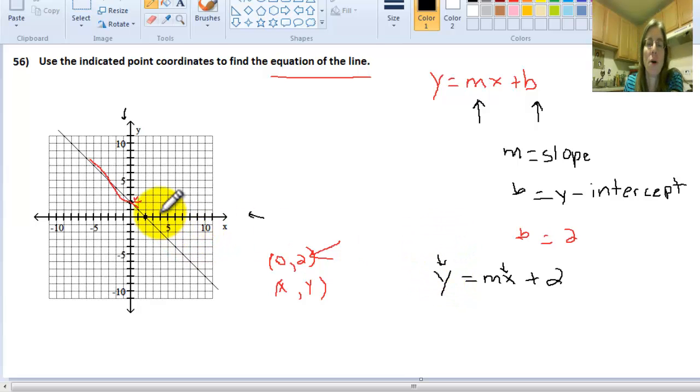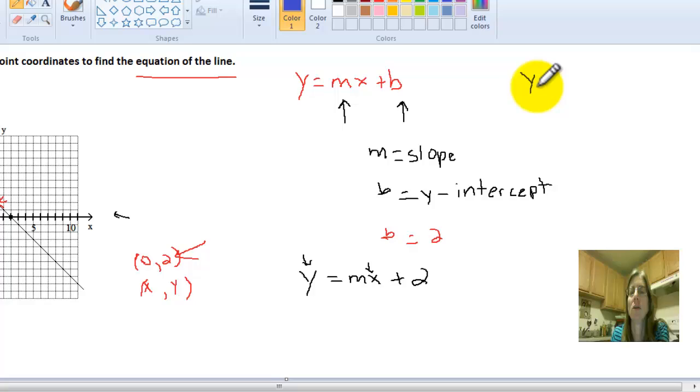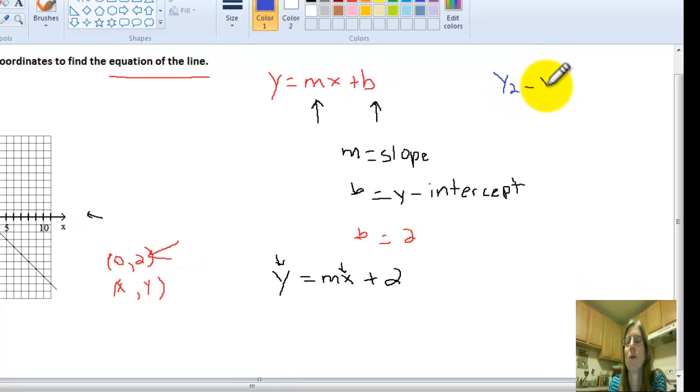Okay, so how do we find the slope next? Well, it's a very clever way that we can find it. Yes, you can use the slope equation between 2 points, and we do a whole problem with this.